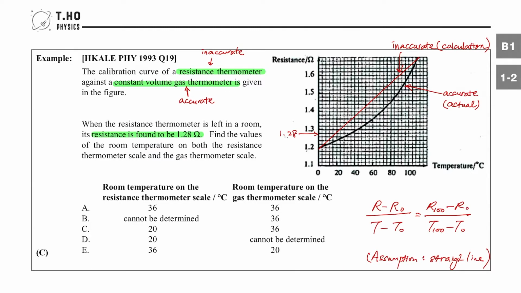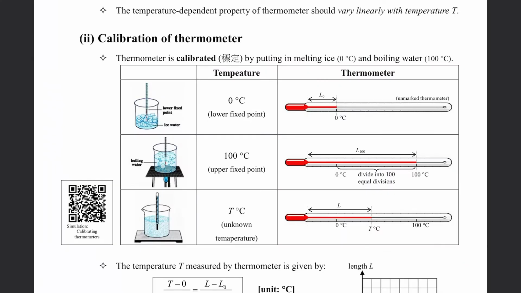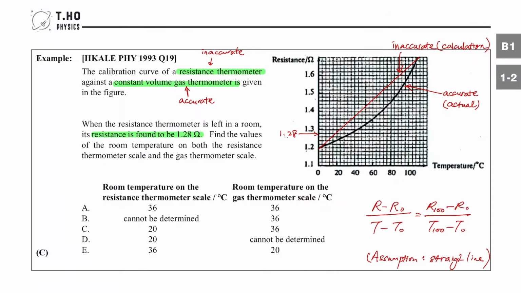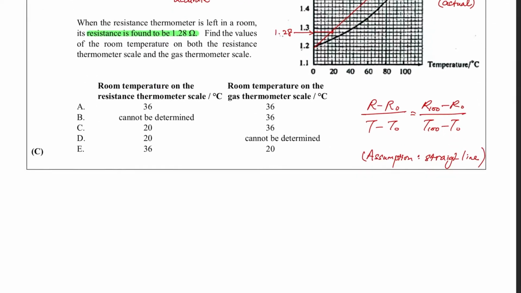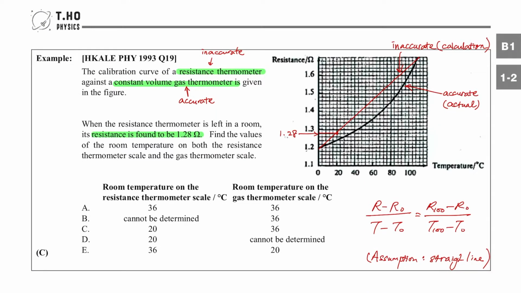So in our calculation, we'll look at the red line, which we think is the variation. So we'll draw a horizontal line from this point 1.28 until it reaches the calibration curve, and then we will draw a vertical line, and then we will take the temperature.